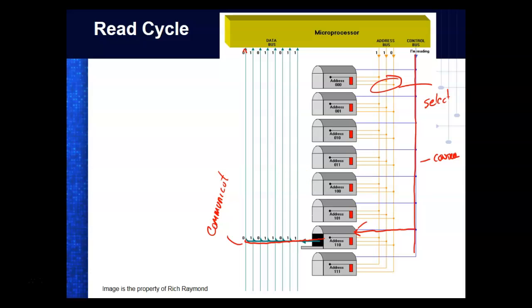The size of the address bus would determine how many things it can select, and the size of the control bus would determine how much control it has. So right now we're only looking at read-write, but there's a lot more to the control bus than just that one thing. But a bus is just a group of wires that run out through the whole system, and everything connects to it.